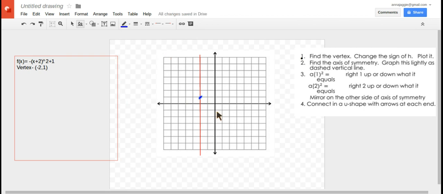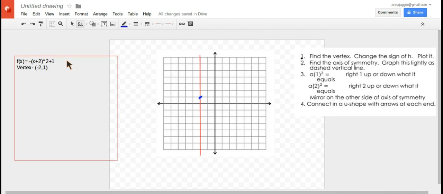And then our next thing to do, after we plotted our vertex, is to plot 2 more points on either side of the line of symmetry. So a simple equation to do that is a times 1 squared.